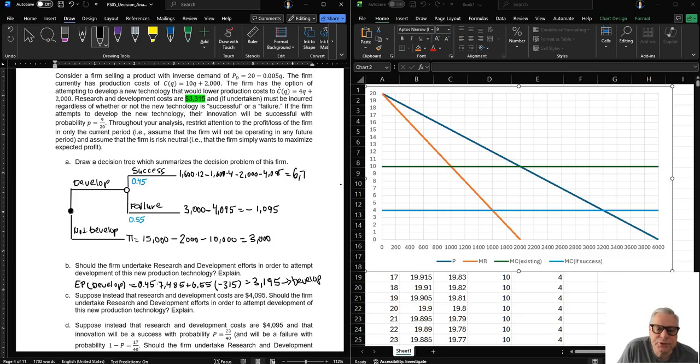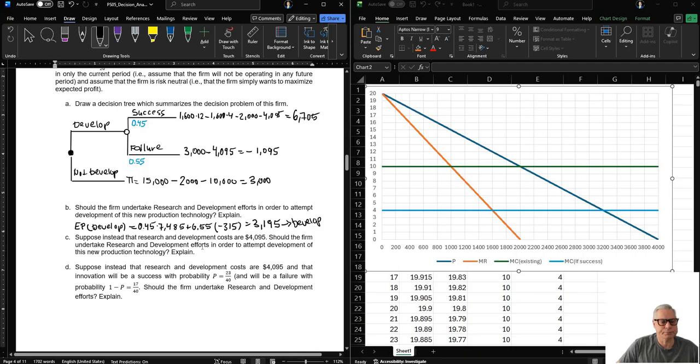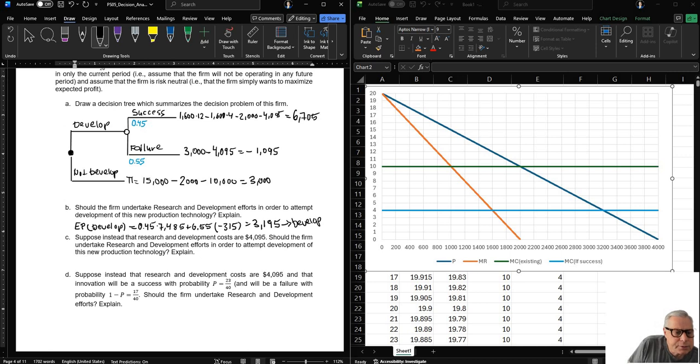So now the expected payoff of develop is still with probability 0.45, but now we make only 6,705, and with a probability of 0.55 we make a loss of 1,095.